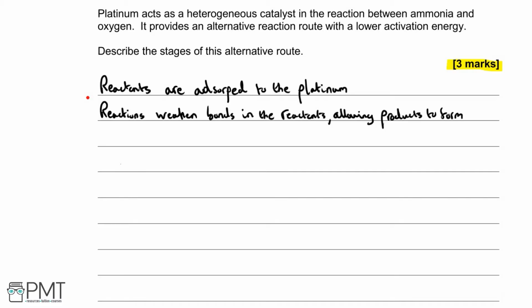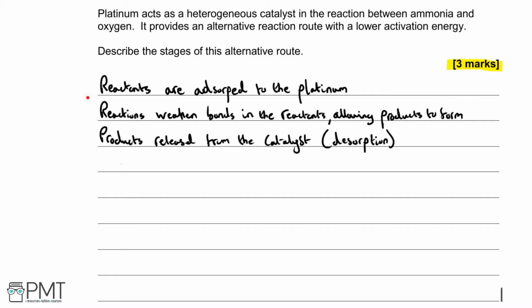So the final step in this alternative route is that the products are released from that catalyst. So this is a process known as desorption, like that. It is the opposite of adsorption.